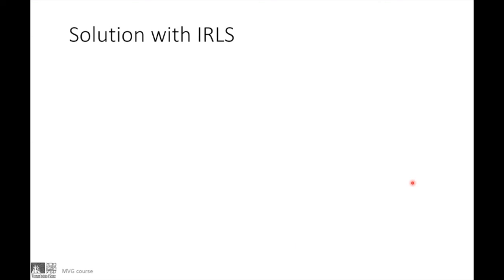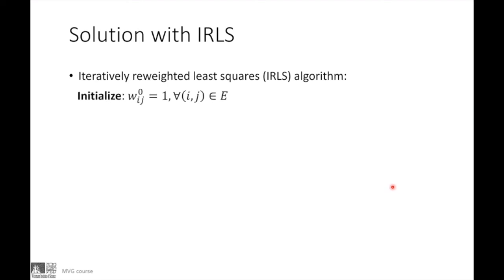Good. They suggested to solve it with iterated reweighted least squares, and that will be the last thing we'll do in this class today. Okay, what is the iterated reweighted least squares algorithm? We have some weights, Wij, and at step 0, initialization, we just initialize them to be 1.